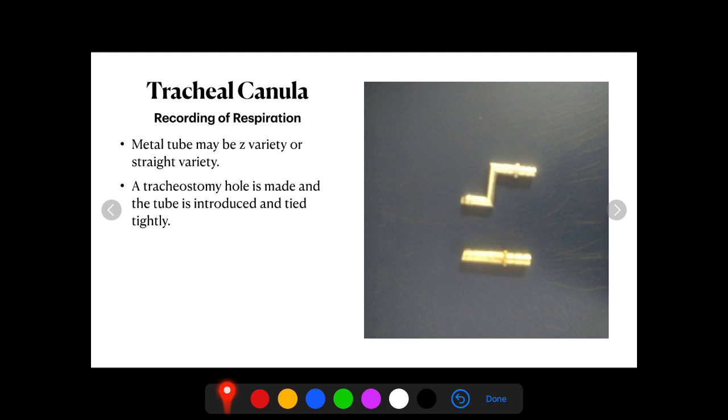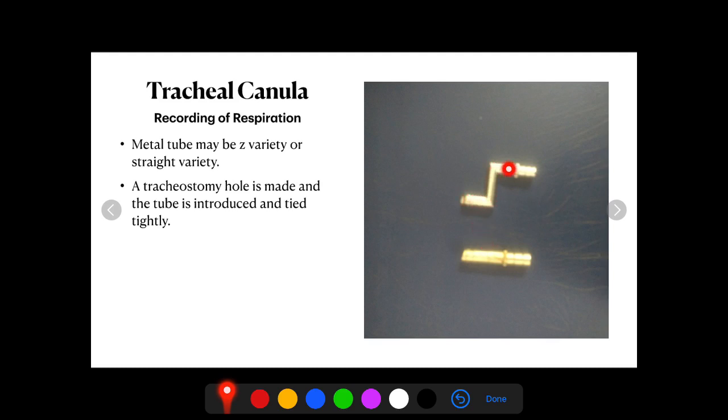Now, these two are tracheal cannulae, metallic, and there are two varieties. One is the Z variety, the other is the straight variety. These are for convenience of introduction. Either Z variety or straight variety may be used, and the caliber of this tracheal cannula will be of different sizes according to the size of the animal.